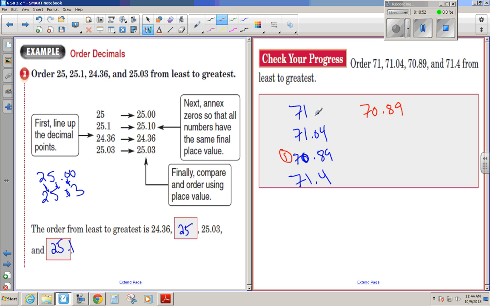All right, now we compare decimals. Well, the 71 should become 71.00, and 71.40. The 4 is definitely bigger. So that means 71.00 is second. Then 71.04. And the last one is 71.40.